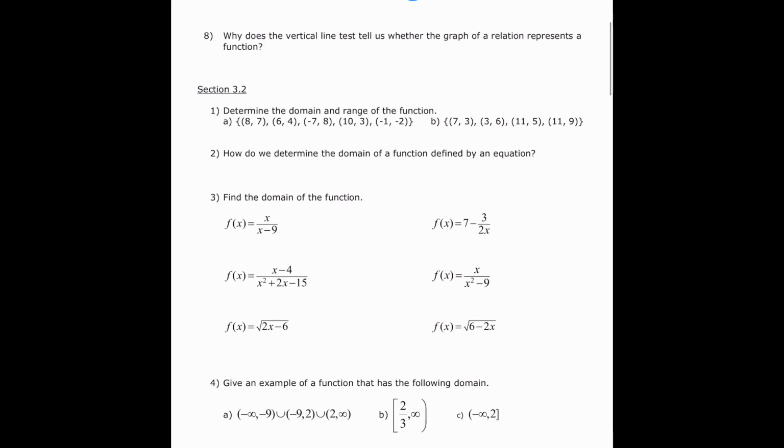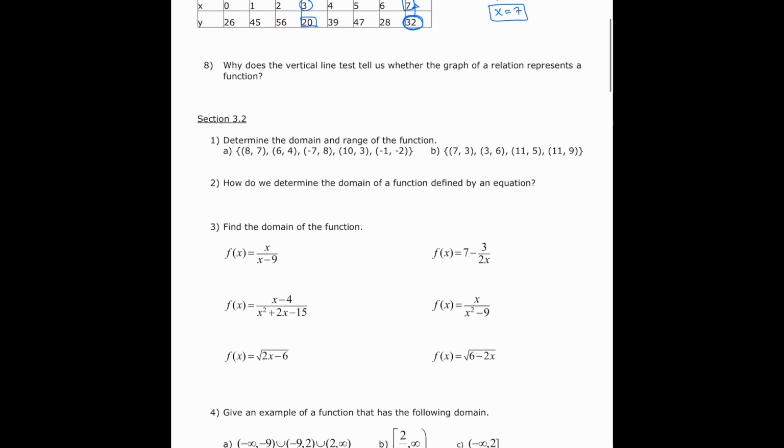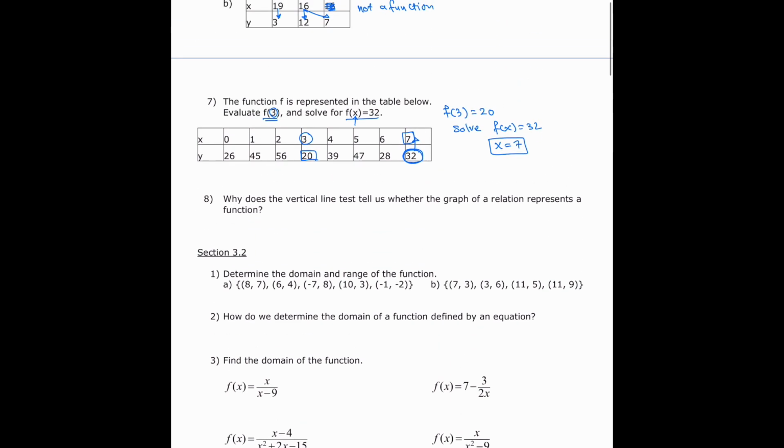Why does the vertical line test tell us whether the graph of a relation represents a function? Because it tells us whether one value of x is mapped to two values or one value only.